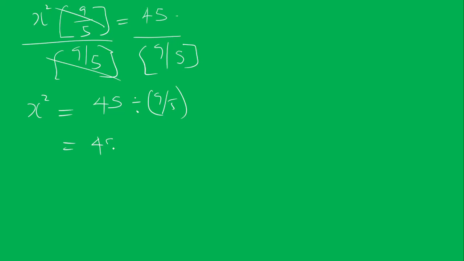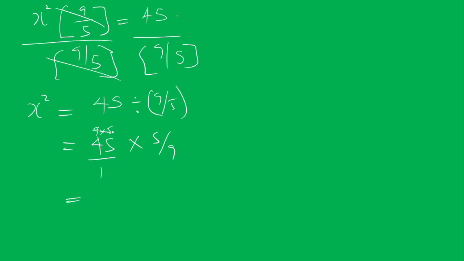Now this will be 45 times, you reverse this fraction. You have 5 over 9 to change from division to multiplication. This is the same thing as 9 times 5.